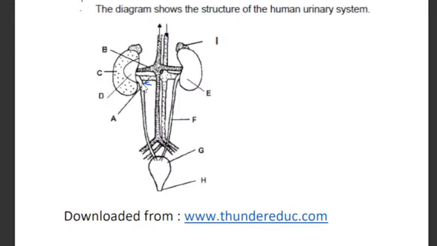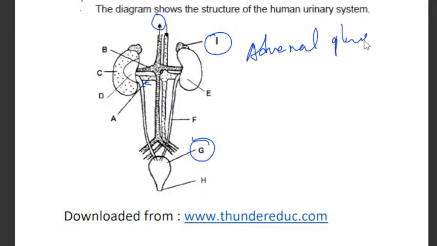Therefore, it is a renal artery. Then B becomes the renal vein because it takes blood. And then G is the bladder.